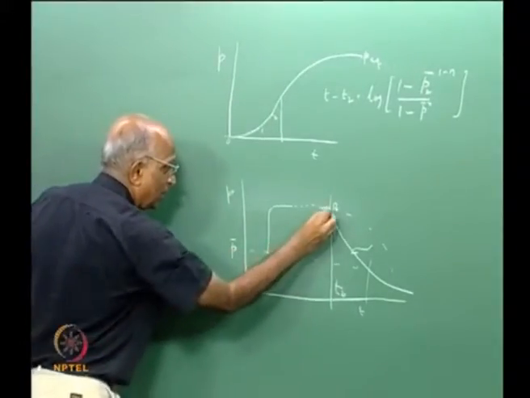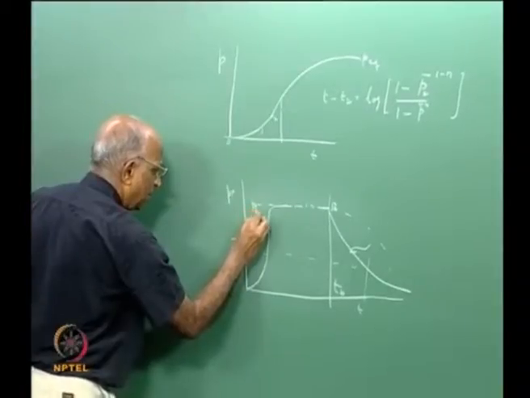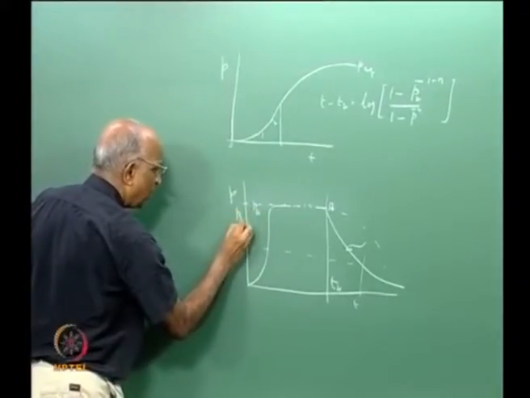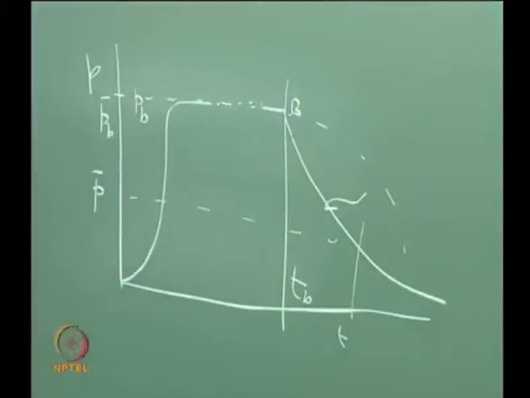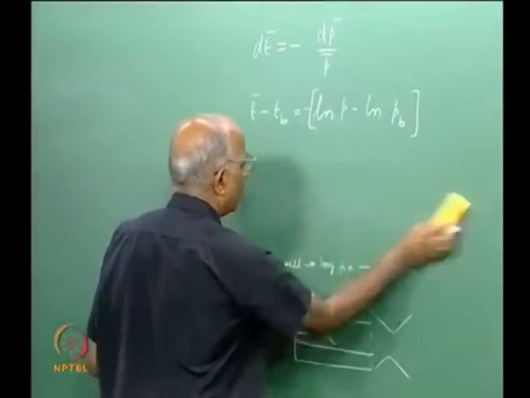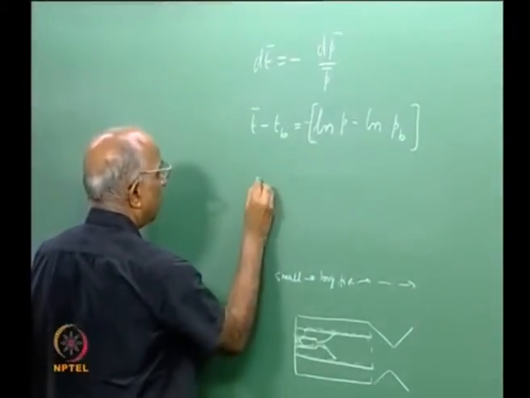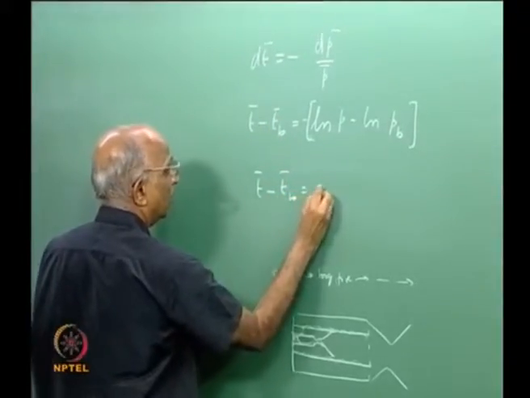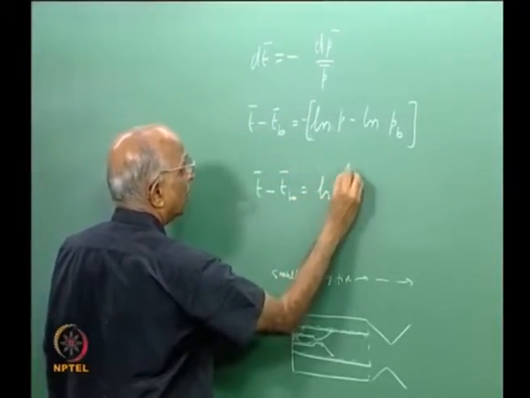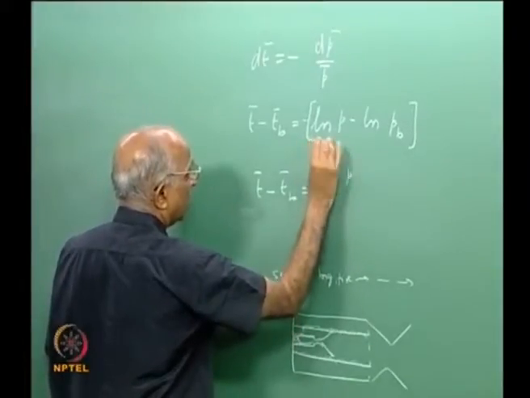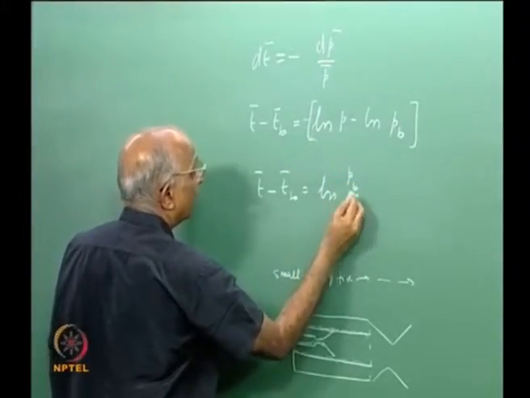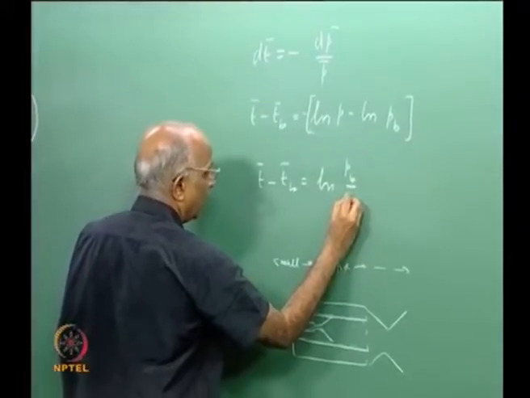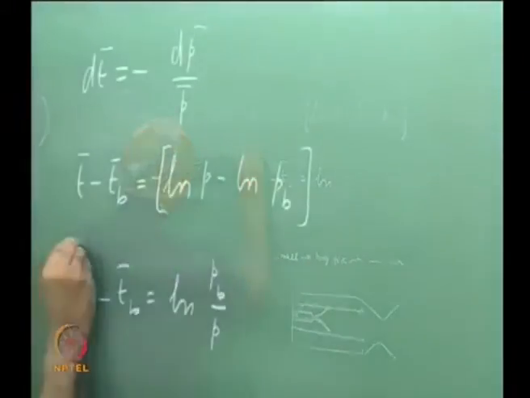The value corresponding to PB gives me PB bar over here, and therefore I get the expression T bar minus T bar B is equal to ln of PB by the value of P over here, since this becomes negative.